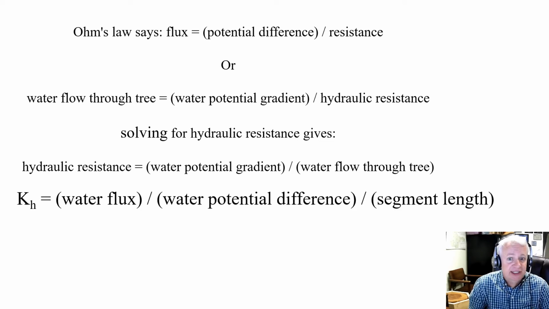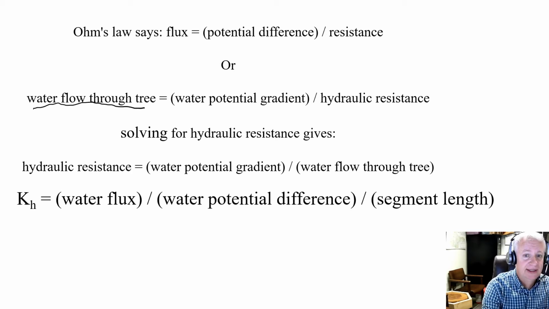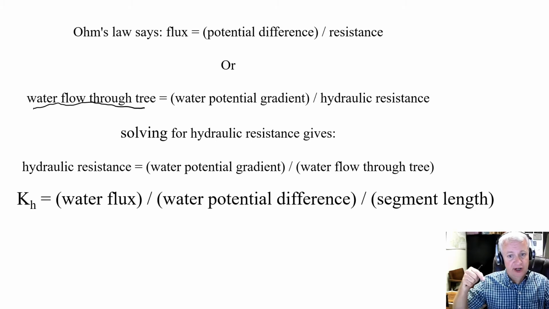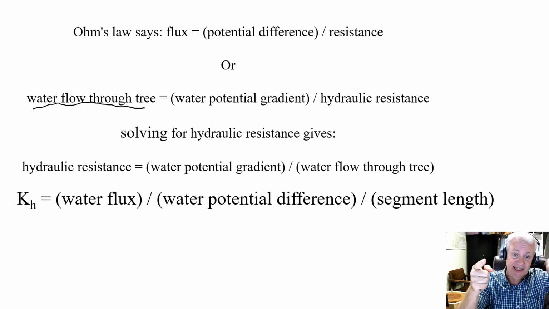But they are similarly derived from an Ohm's law analogy, where Ohm's law says that a flux is equal to a potential difference divided by a resistance. So we can translate that into the flow of liquid water through a tree, where the water flow through a tree is related to a water potential gradient, for instance, from the roots of the tree to the leaves, or through any segment, maybe just a branch, from the start of a branch to the end of a branch.